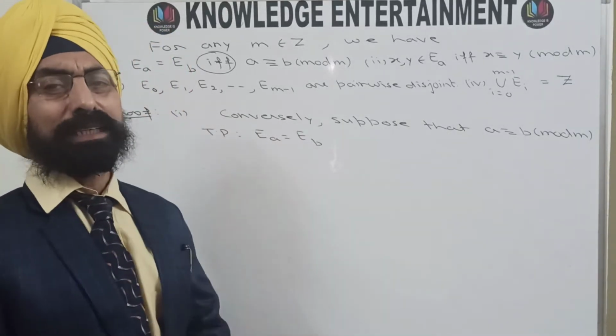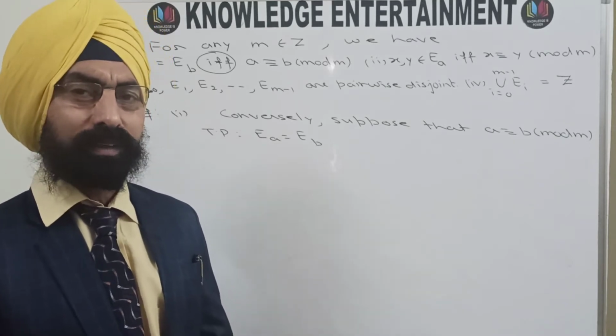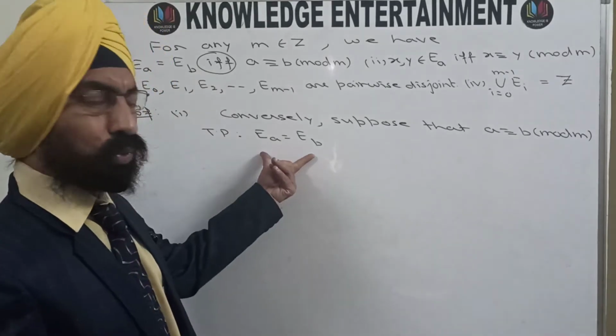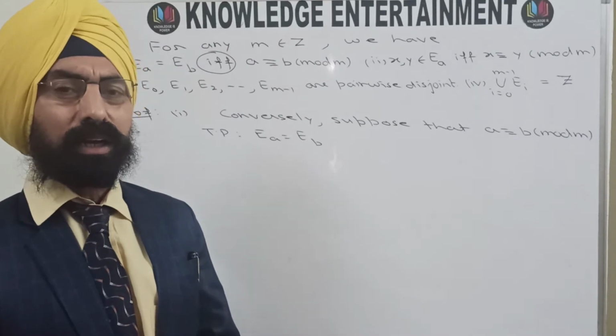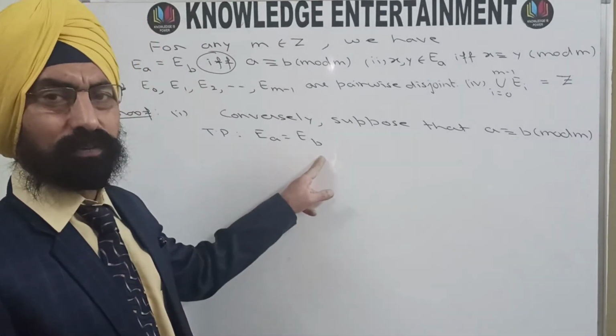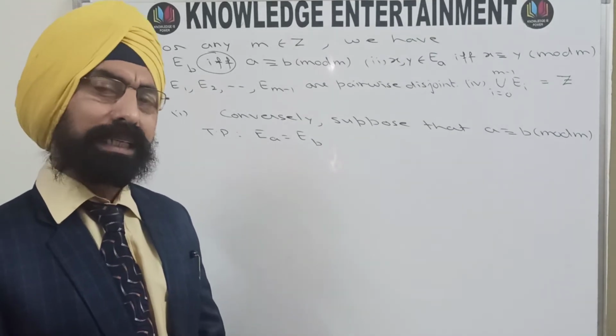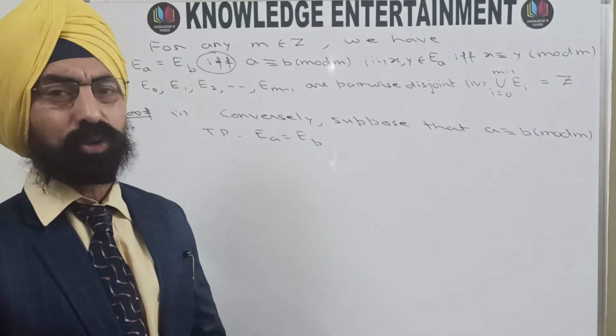What are EA and EB? EA is a set. EB is also a set. And if we want to show that these two sets are equal, how will we show it? We will show that this set is a subset of this set and this set is a subset of this set. A is a subset of B, B is a subset of A, means A is equal to B.